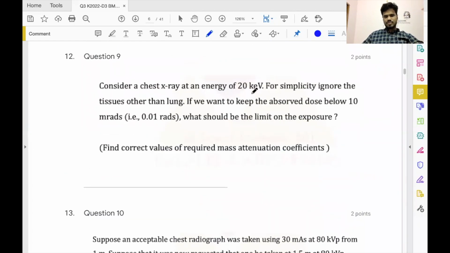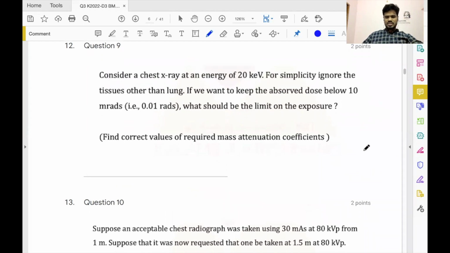Consider a chest X-ray of 20 kiloelectron volts intensity, ignoring tissues other than lung. Observed dose below 10 millirads. What should be the limit on the exposure? Find correct values of required mass attenuation coefficients. We need mass attenuation coefficients for the lung and for air to find the f factor and also the conversion.